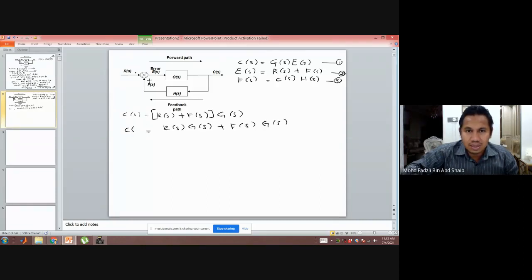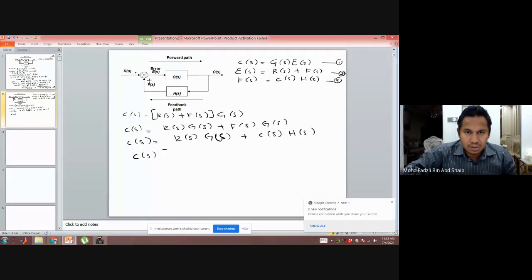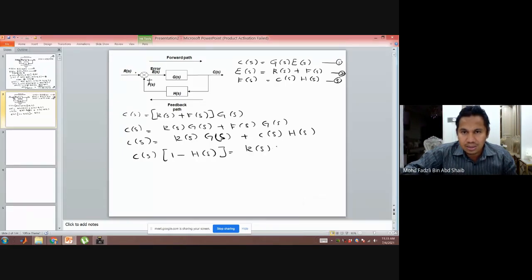Since FS equals CS times HS, CS equals RS GS plus CS HS GS. So CS times 1 minus HS GS equals RS GS.